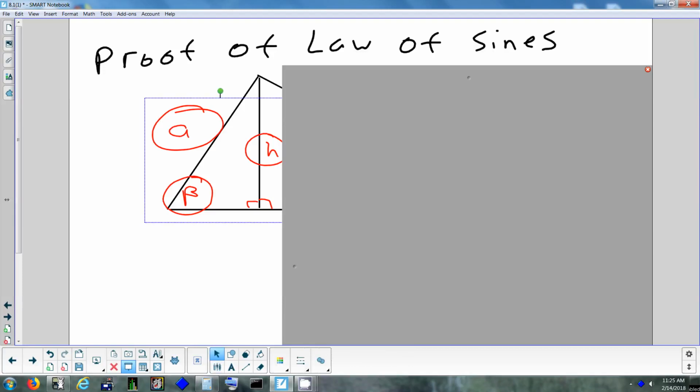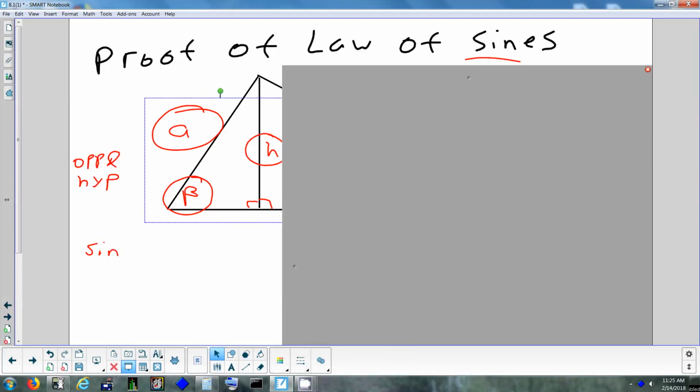If you were standing at beta, it would be opposite. And what about A? It's across from a 90. Oh, wait, hypotenuse. So when we did SOHCAHTOA, which trig function involved opposite and hypotenuse? Sine.